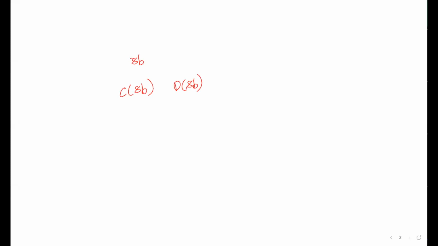How do we choose for different values of SB? These two may change, and what we would like to do is choose a value of SB so that these two are roughly equal. Sometimes it is possible, sometimes it may not be possible, but if you are able to do something like that, it will be good.